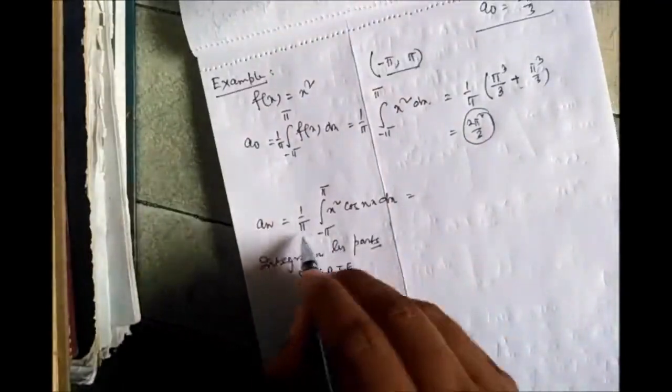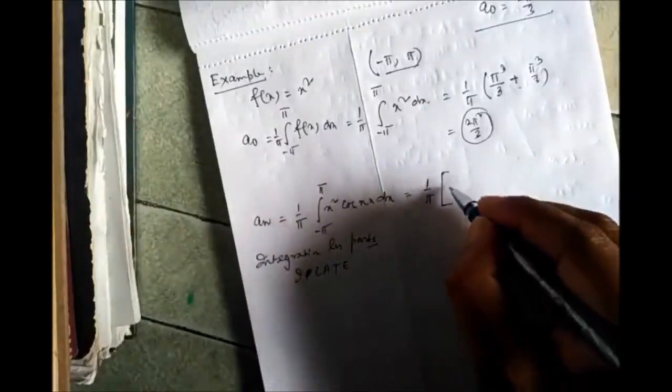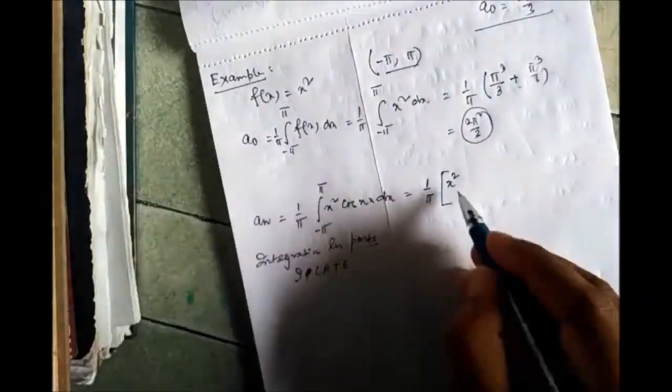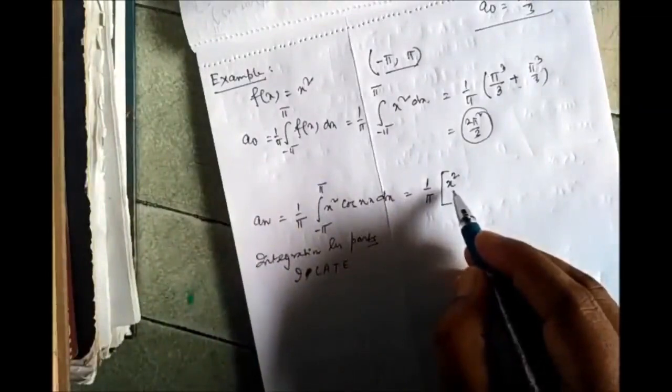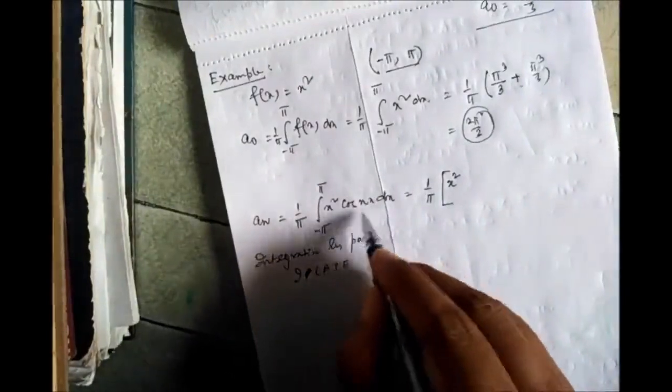So what is the value of this? How could you expand this function? So this will be 1 upon pi. Keep x square as the first function, so keep x square as it is and integrate the trigonometric function, the second function.